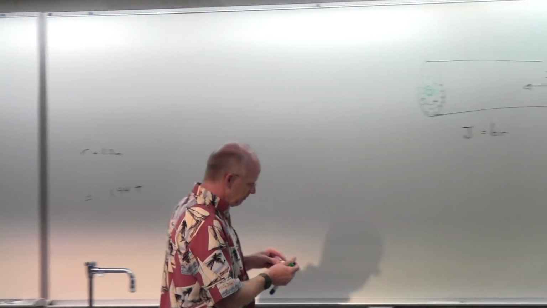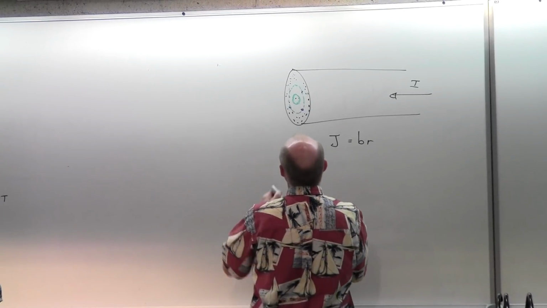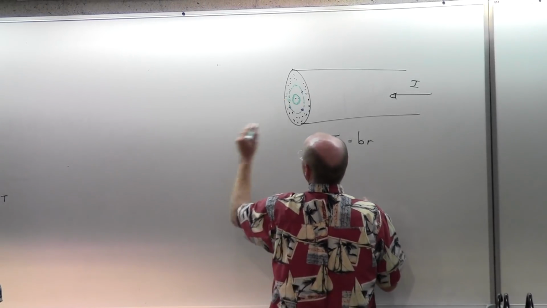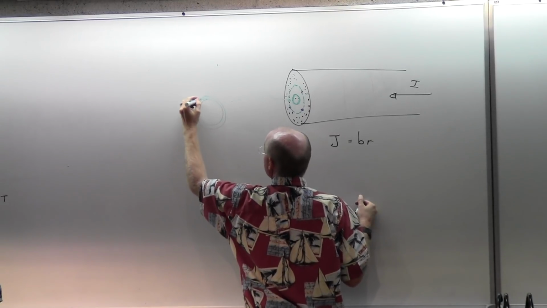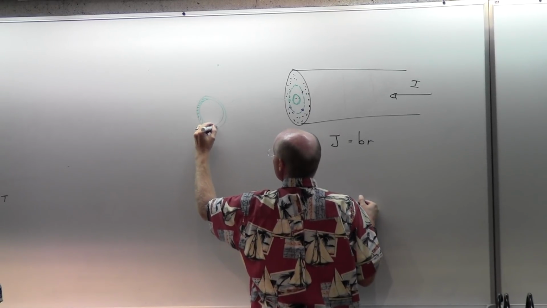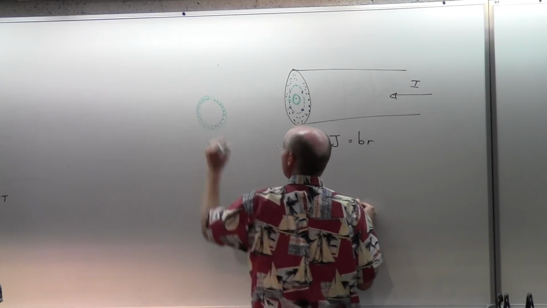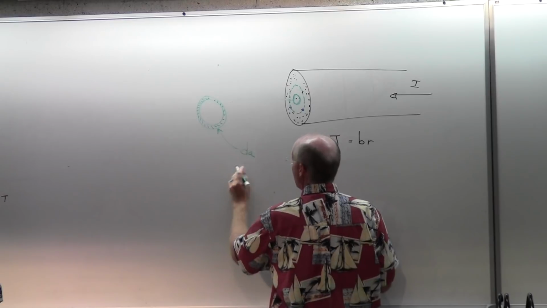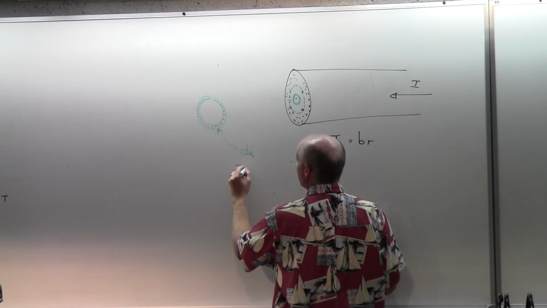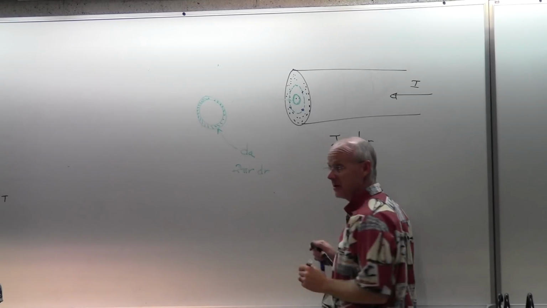Maybe I should blow this up a little bit more. If I take a ring and I'm saying how much current goes through that ring having an area of dA, isn't that the circumference of the ring times the thickness of the ring?